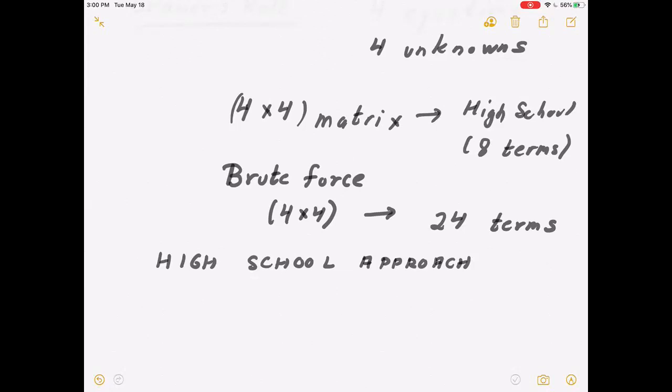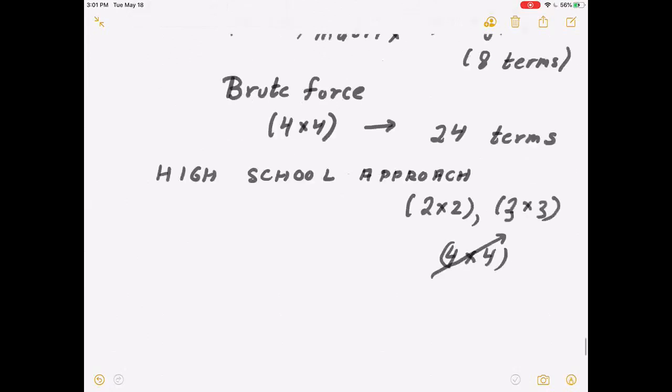Okay? But this high school approach only works for matrices that have 2 rows and 2 columns, matrices that have 3 rows and 3 columns, and it fails miserably for problems where you have a matrix that has 4 rows and 4 columns.